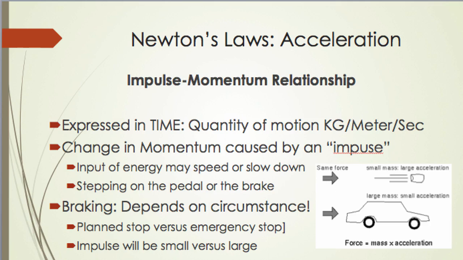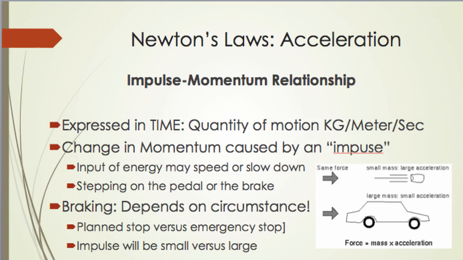Let's go back to our car example. Let's think about our impulse as either pushing on the gas accelerator or stepping on the brake. The input of energy may then speed up or slow down the car.